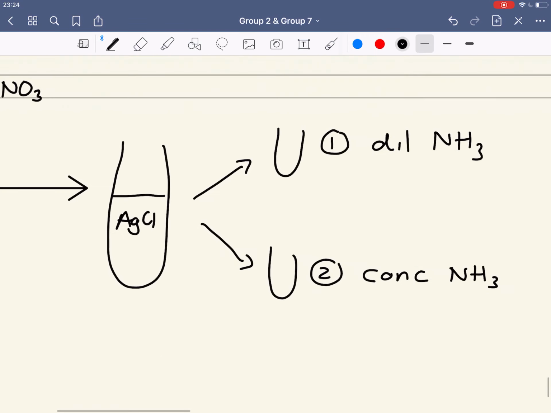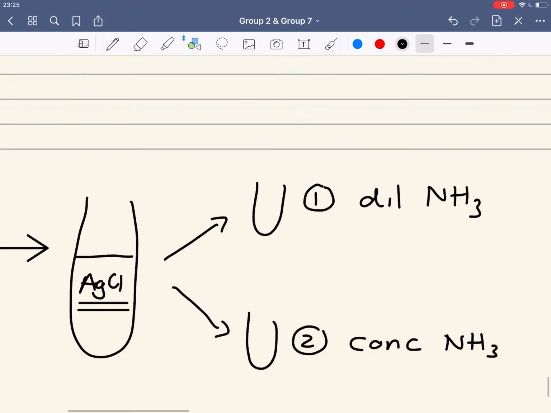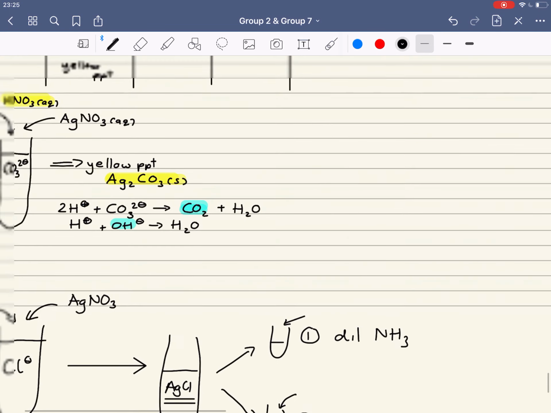So once I've got my silver halide, I separate it into two different tubes, add dilute ammonia to one of them and concentrated ammonia to the other, and record my results.